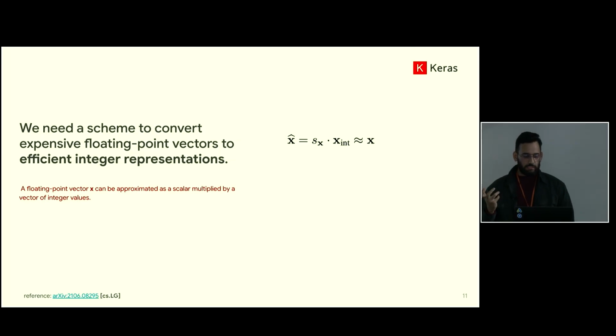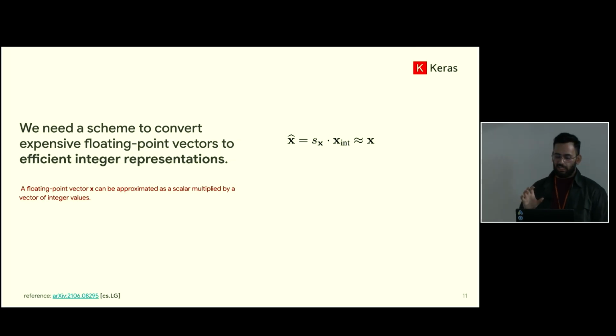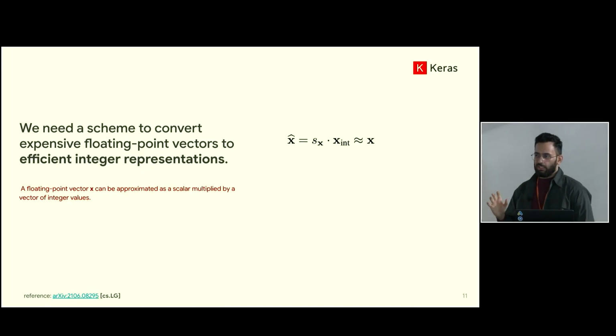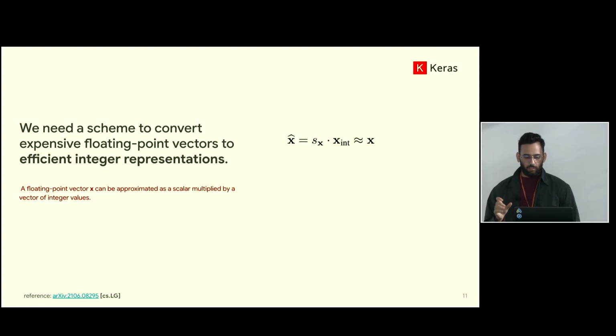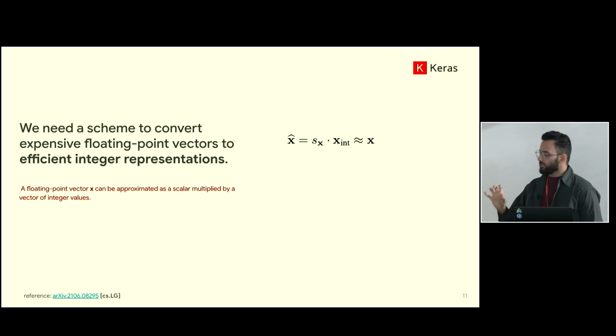And the intuition here is that any floating point vector, let's say represented by x, can be approximated as a high precision 32-bit scalar value multiplied by a vector of integer values. So on the screen on the right here, you'll see that I've defined x hat as an approximation of the original vector x.